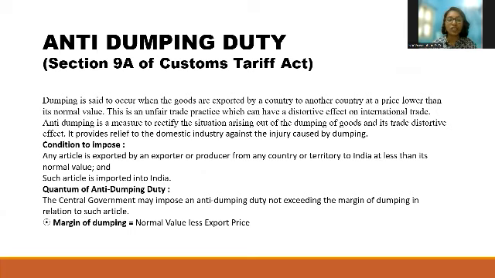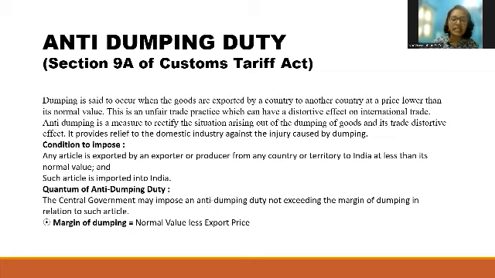That is called anti-dumping: when goods are exported by a country and imported to India at a price lesser than their normal value in order to have a destructive effect on international trade.